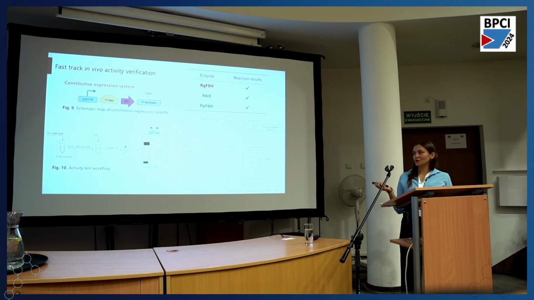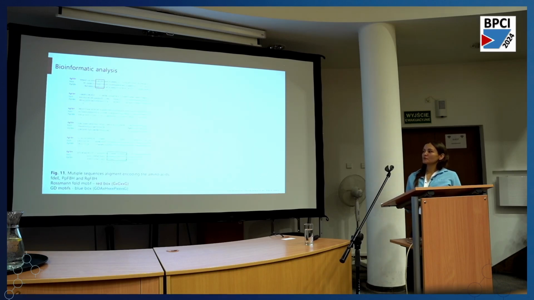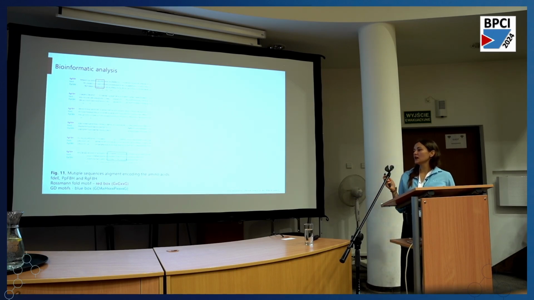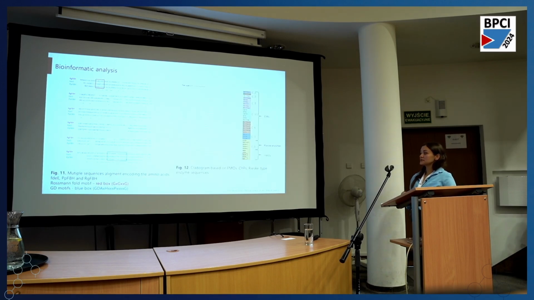So we took a step back and looked one more time at the amino acid sequences, and that revealed that all of them contain some characteristic motifs for that FMO enzyme group, the Rossmann fold and also GD motifs. The next part was about the similarity between them, and all the enzymes were classified along with other enzymes also catalyzing C8 hydroxylation of flavonoids.